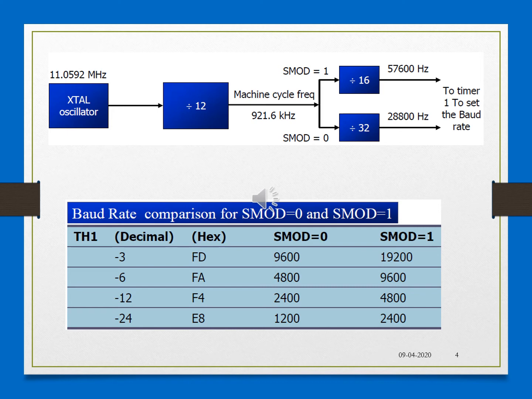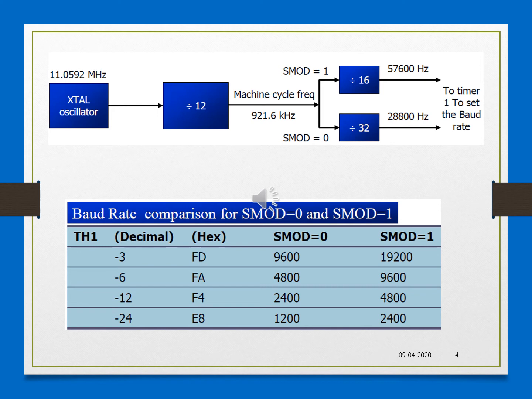Only based on the SMOD status: when SMOD is equal to 0, for the baud rate 9600, the value you will be loading into TH1 register will be FD. For 4800, FA; for 2400 baud rate, you will be loading F4, and so on.